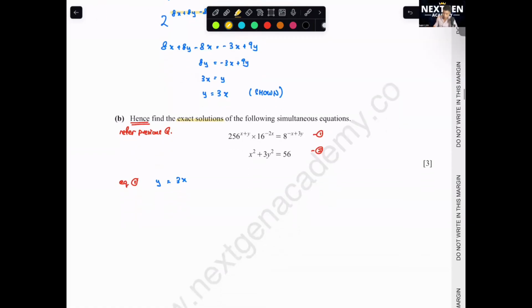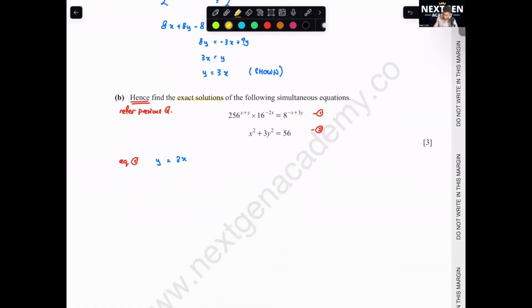So y equals 3x. Let's call this equation 1. We are going to substitute into equation 2, so sub 1 into 2. We replace y with 3x. So x squared plus 3x squared equals 56.